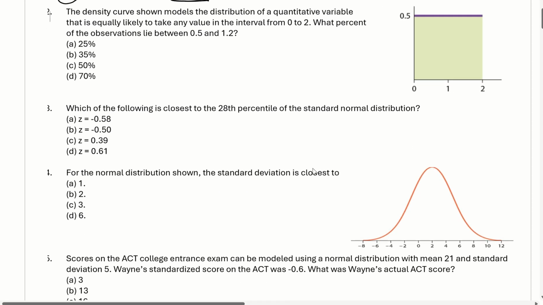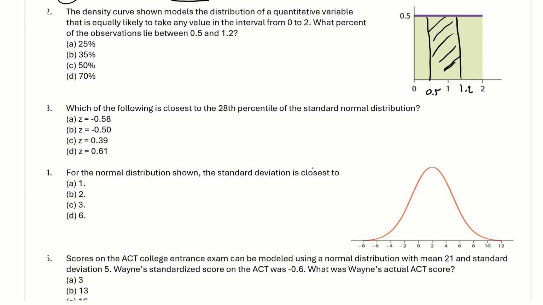All right, so the density curve shown models the distribution of a quantitative variable that is equally likely to take any value from 0 to 2. What percent of the observations lie between 0.5 and 1.2? So we're looking for the area of this part of the curve. The area is base times height, or length times width.